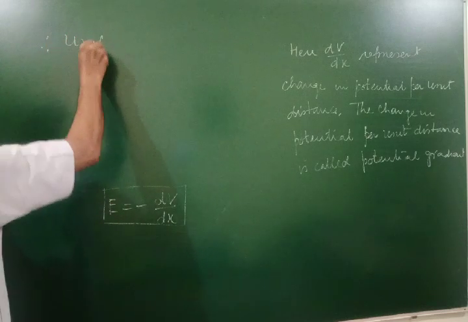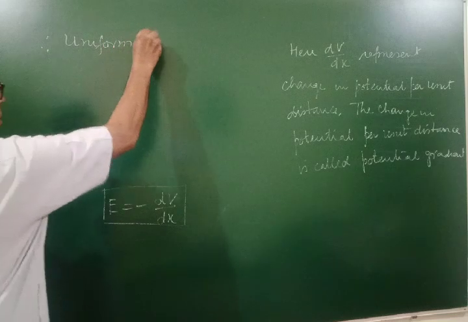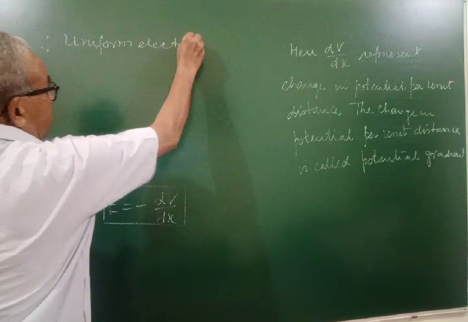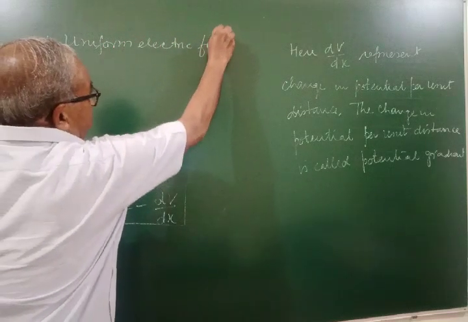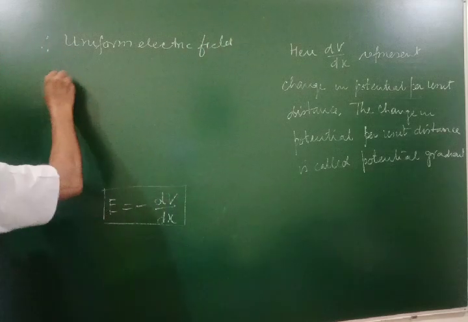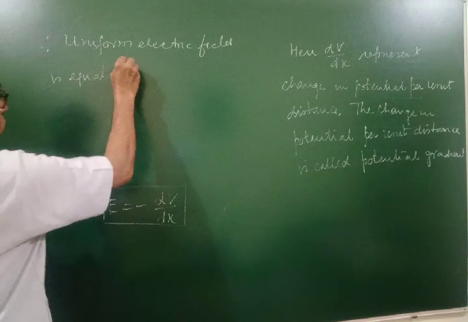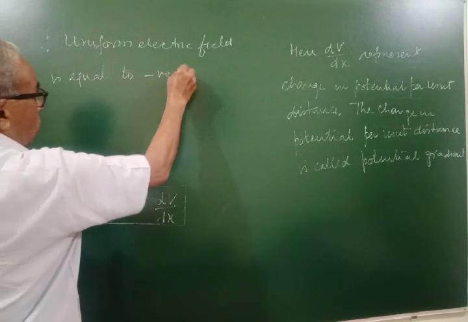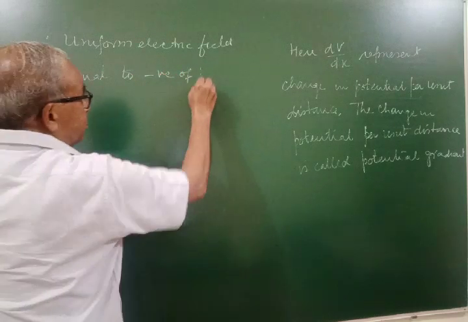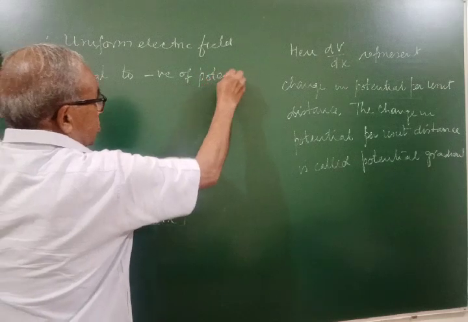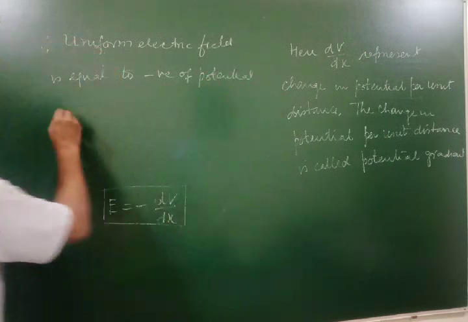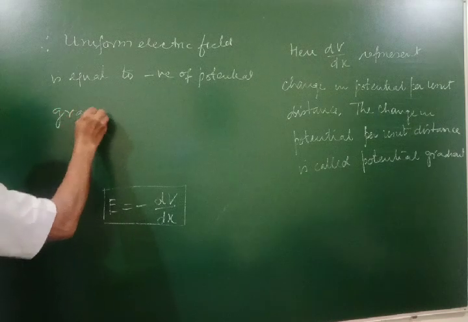And hence the uniform electric field is equal to the negative of the potential gradient.